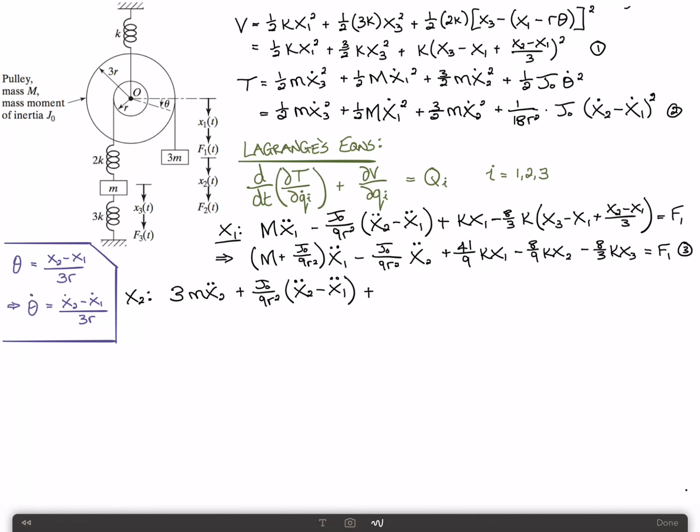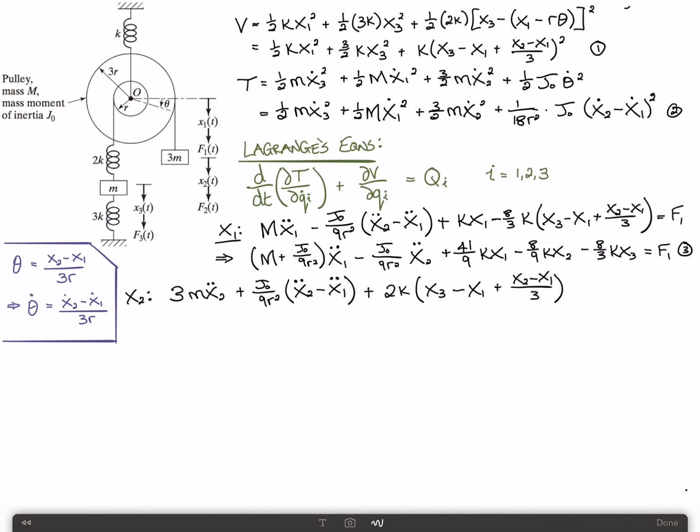Plus, and now we're going to look at v. We want to take the derivative of v with respect to x2. Well, it's only this term here that contains x2. So it's 2 times k times what's in the brackets times the derivative of what's in the brackets. So 2k times what's in the brackets, x3 minus x1 plus x2 minus x1 over 3, times the derivative of what's in the brackets with respect to x2.